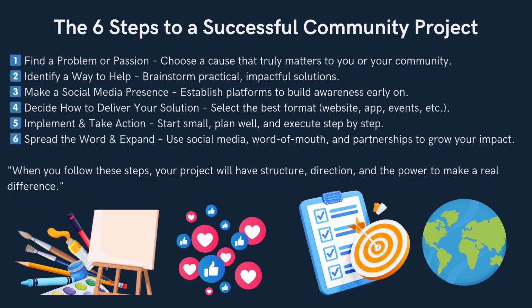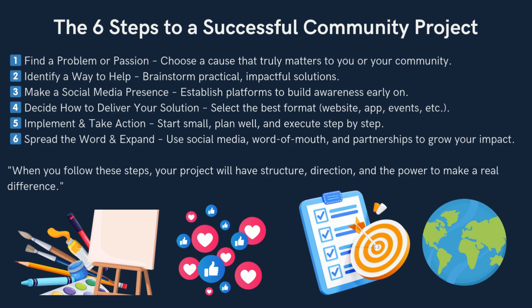Second is finding a way to brainstorm practical, impactful solutions, such as podcasts, social media, websites, integrating them, doing events, or an app. And three, making a social media presence.